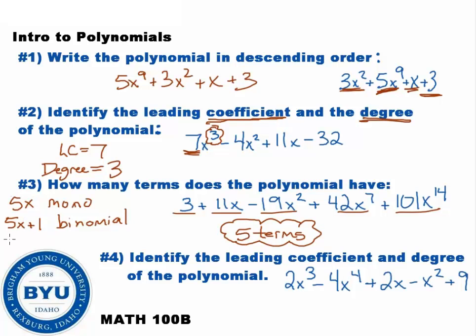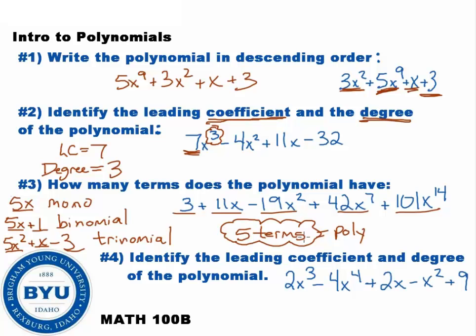If it is 5x squared plus x minus 3, this has 3 terms, so it's called a trinomial. So 1 term, monomial; 2 terms, binomial; 3 terms, trinomial. Anything above that, we just call it a polynomial. So this one here, 5 terms, that's just a polynomial. We don't have special names for anything above trinomial.